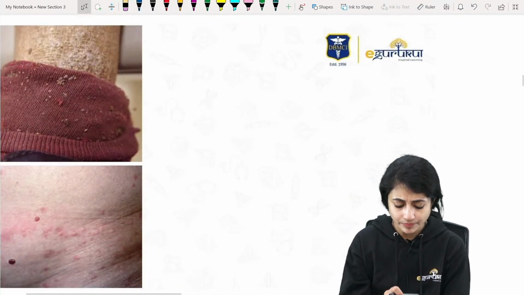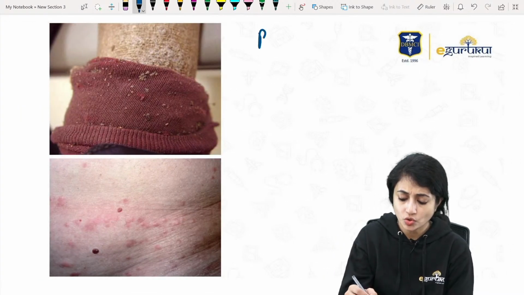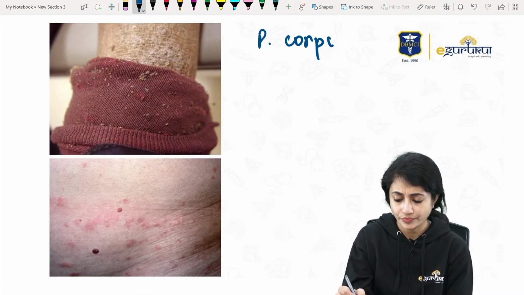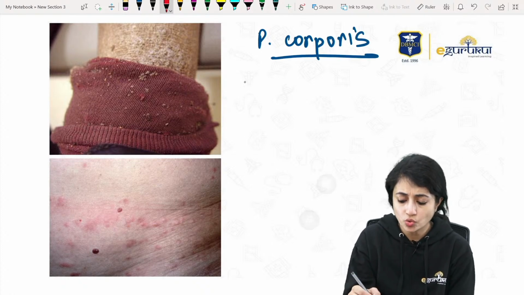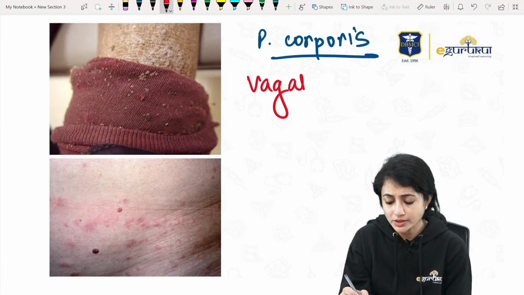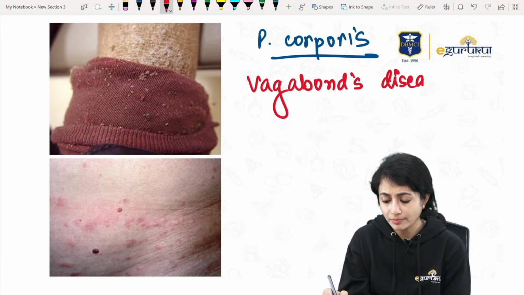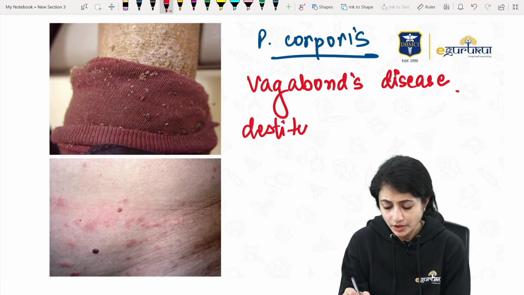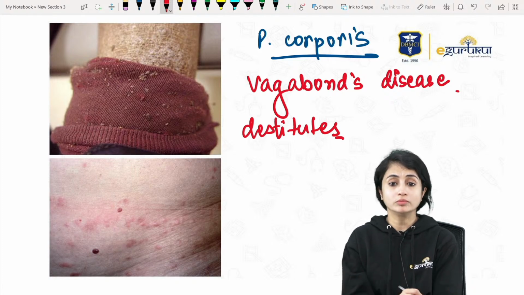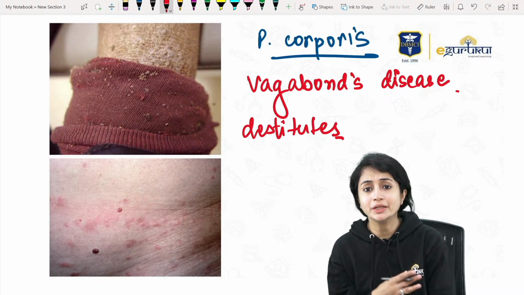Look at this. This is pediculosis corporis. Corporis means body. This is also called vagabond's disease. Why? Because it is seen in destitutes, individuals who have no home, who keep wearing the same set of clothes for many days.